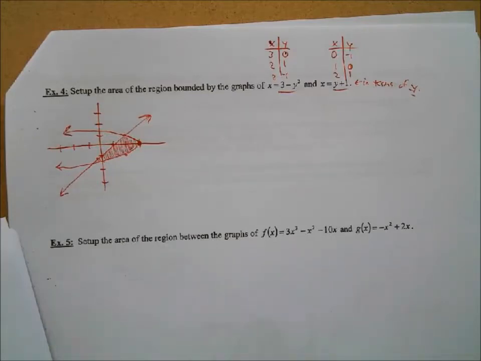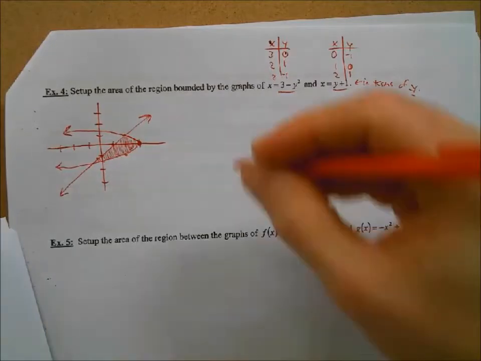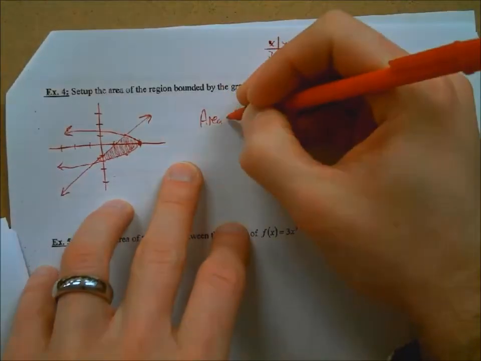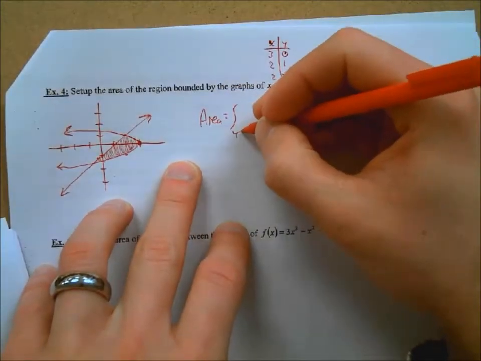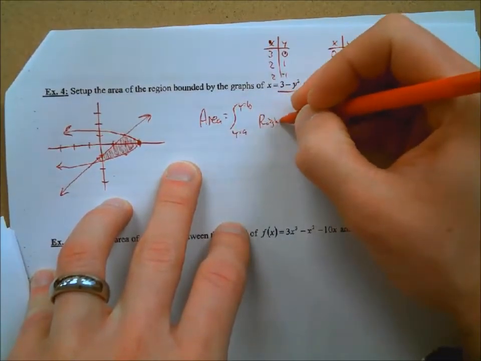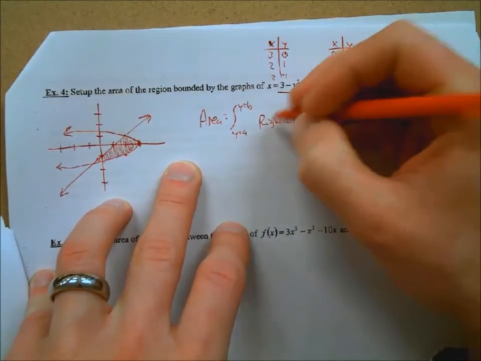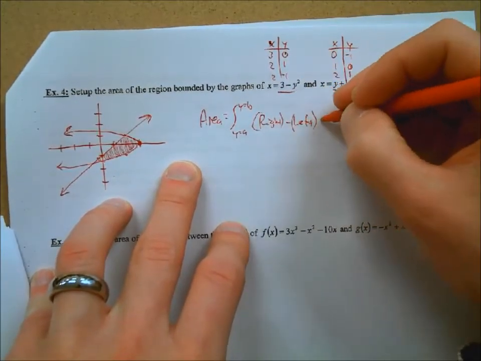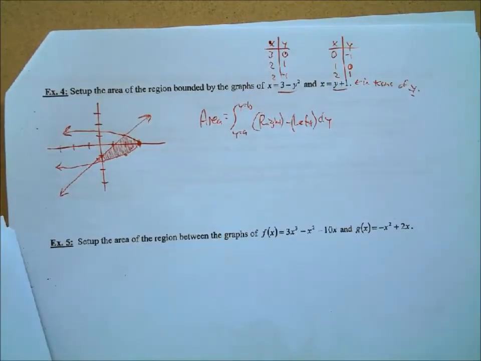So now the area is going to equal the integral from y equals a to y equals b of right curve minus left curve, dy.